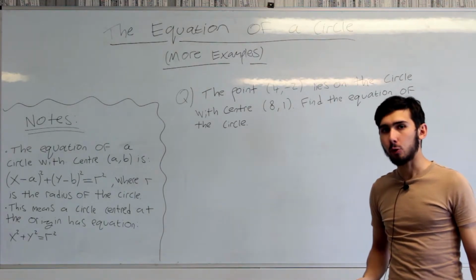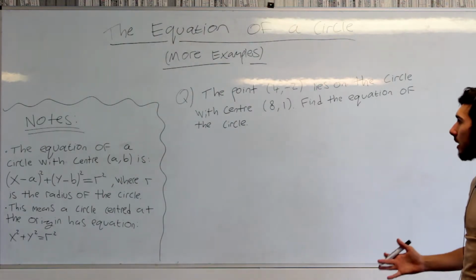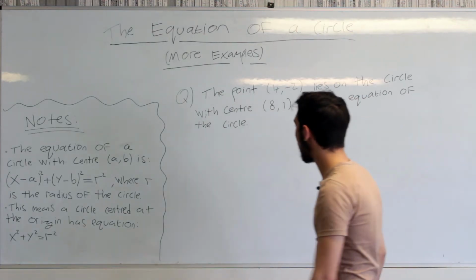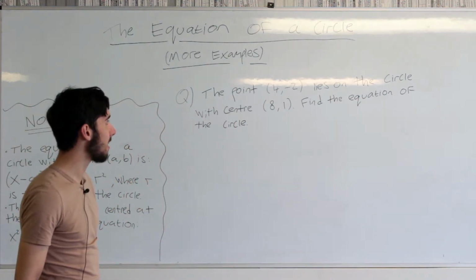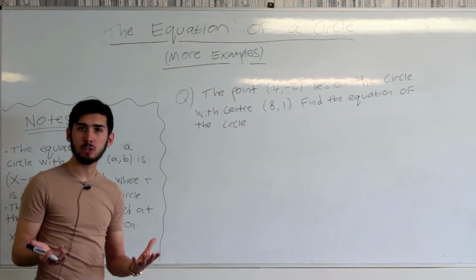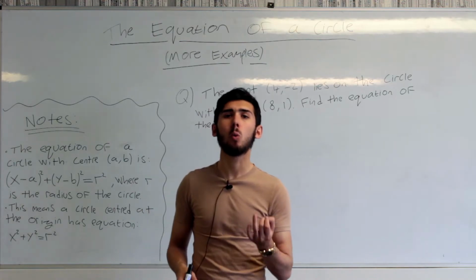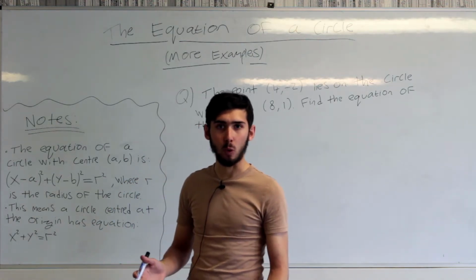We're not given the radius. We're not given a fair amount of information, but we can interpret this geometrically. We could draw something if we wanted to, or we could just set it up. Let's write down the equation of the circle in terms of what we know, and what we don't know, we'll just leave it in its general form.